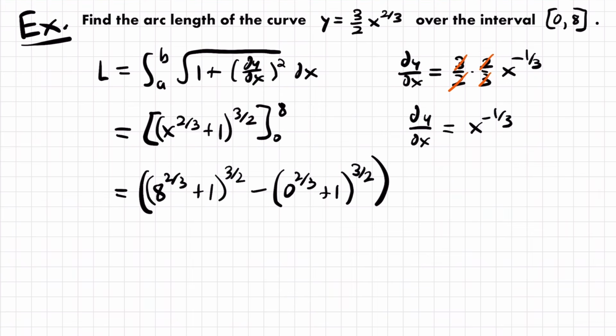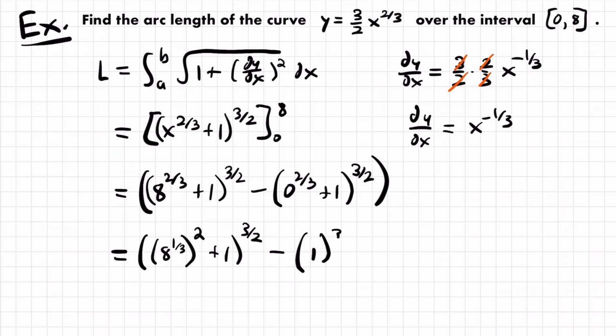All right, and so then if we simplify, 8 to the 2/3 power is the same as taking the cubed root of 8 and then squaring it. So let me rewrite that. This is equal to 8 to the 1/3 power squared, right? If we multiplied these exponents, we would have what we have right here, the 2/3 power, and then plus 1, and that's still to the 3 halves power, minus 0 to the 2/3 power is just 0, so 0 plus 1 is 1 to the 3 halves power.